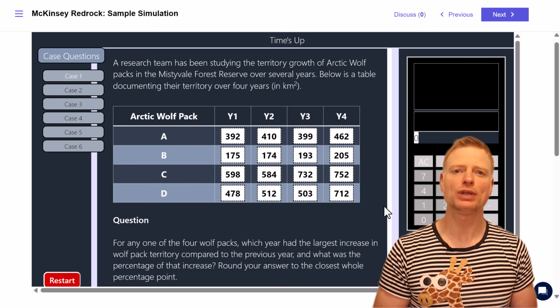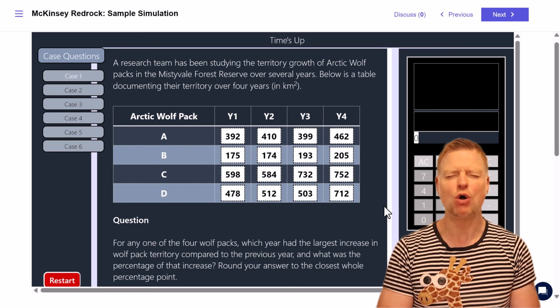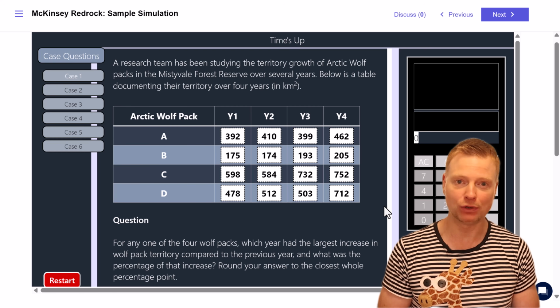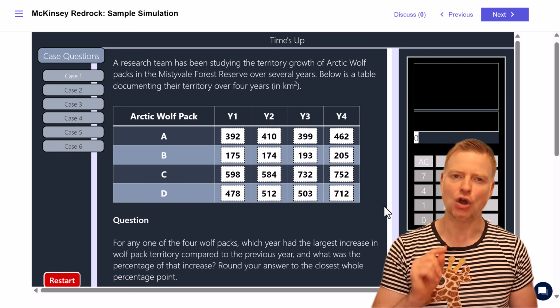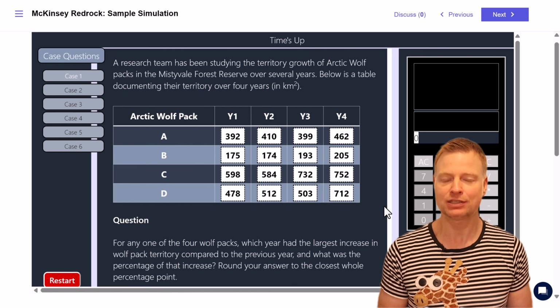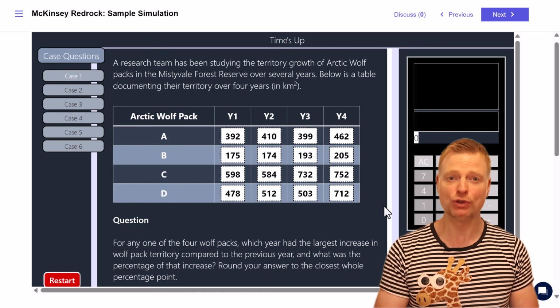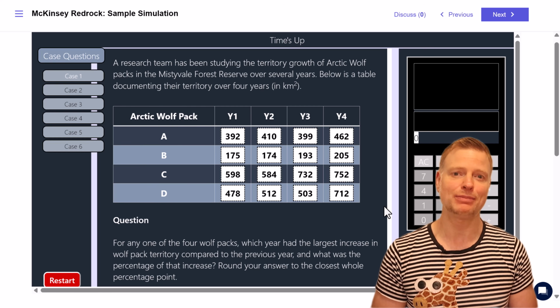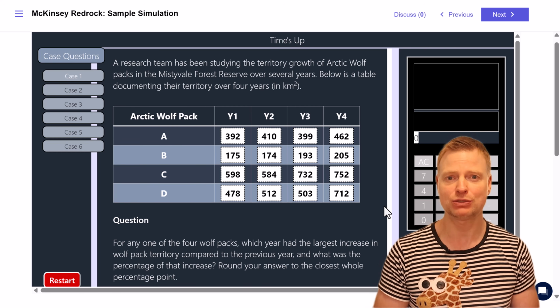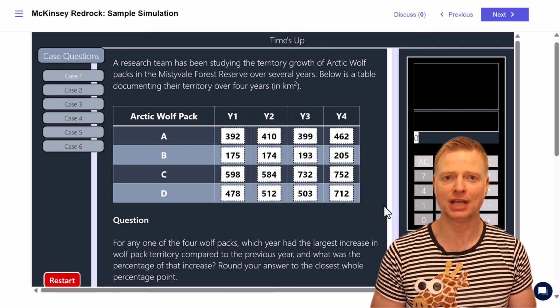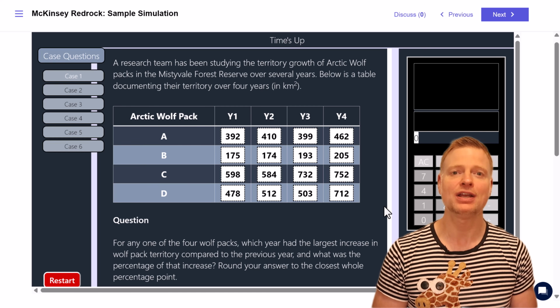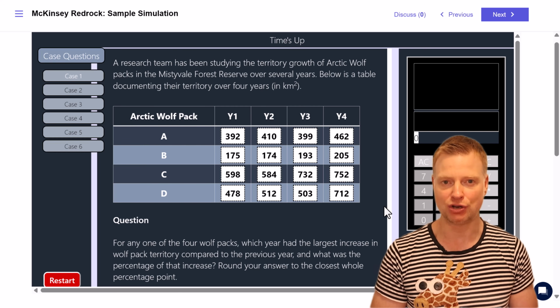You should quickly realize that you can ignore all the gibberish about Arctic wolves and territory growth. All that the question asks you is to identify which 2 of these 60 numbers have the greatest distance to each other on a year-on-year basis and to then quantify that distance in percentage terms.